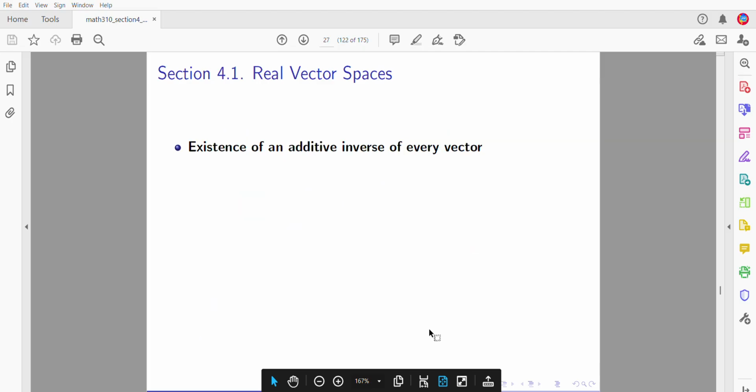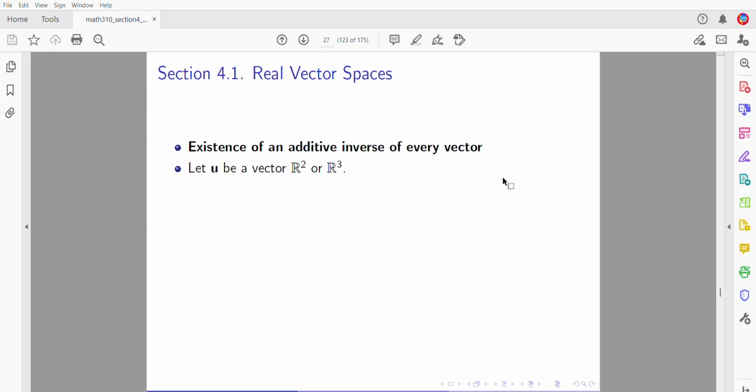So, three properties. Addition is commutative, addition is associative. We saw that there exists an additive identity. Now, existence of additive inverse for any vector. Let U be any vector in R2 or R3.